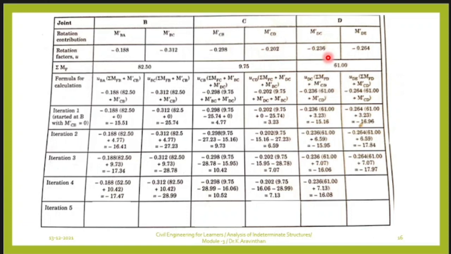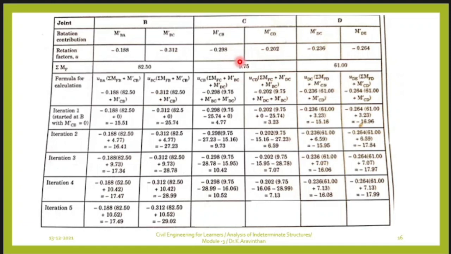61 plus 7.13 into 0.264 minus 17.99. Okay, 17.49. And what is the next value? 29.02. 82 plus 10.52 into 0.312.